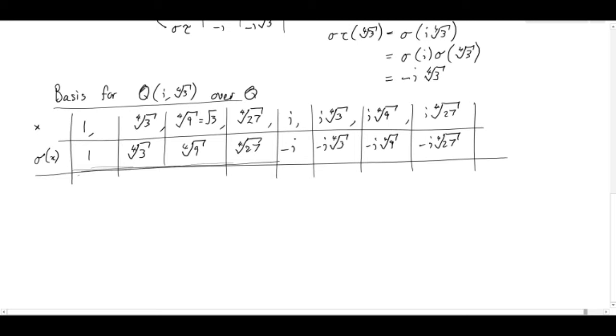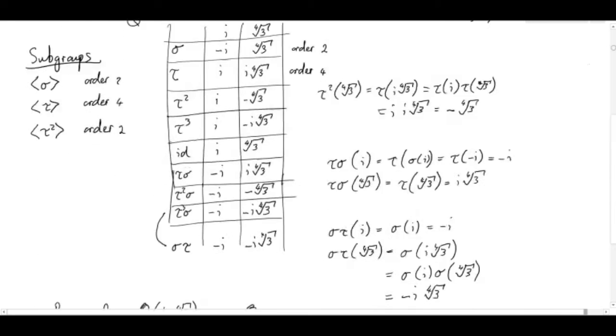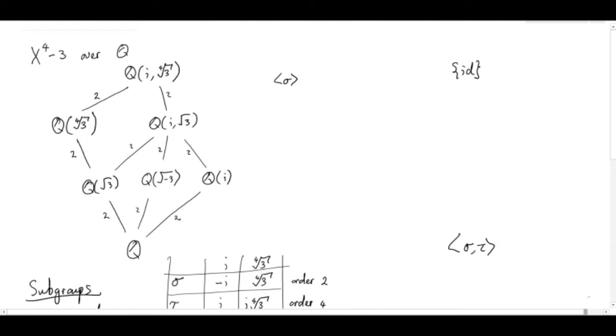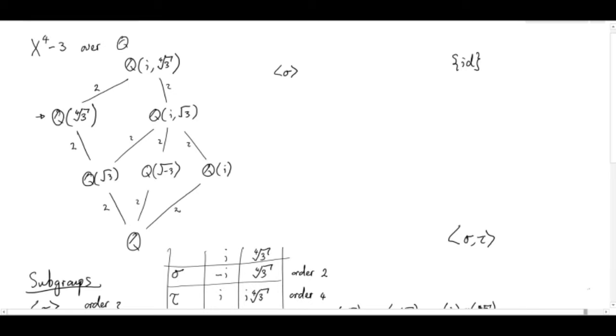And that is Q adjoin the 4th root of 3. So in our picture, the group corresponding to the 4th root of 3 is the group generated by sigma. So that's in our picture there somewhere. This is a group of order 2 that corresponds to the fact that the field Q adjoin the 4th root of 3 is inside Q adjoin i and the 4th root of 3 with index 2.